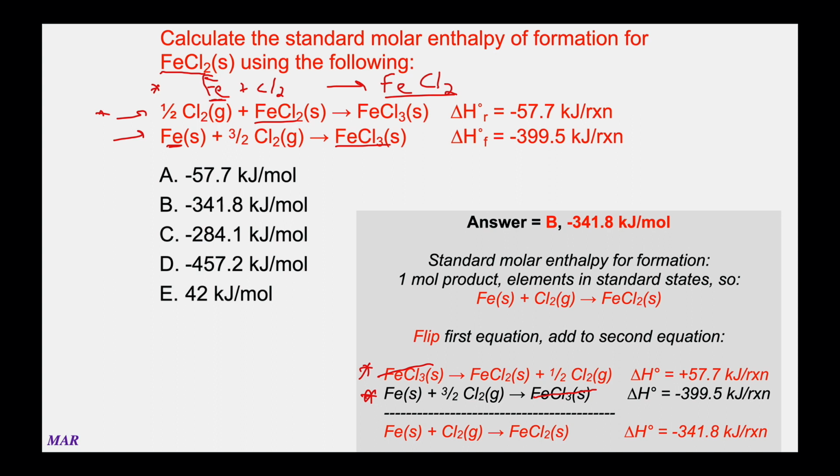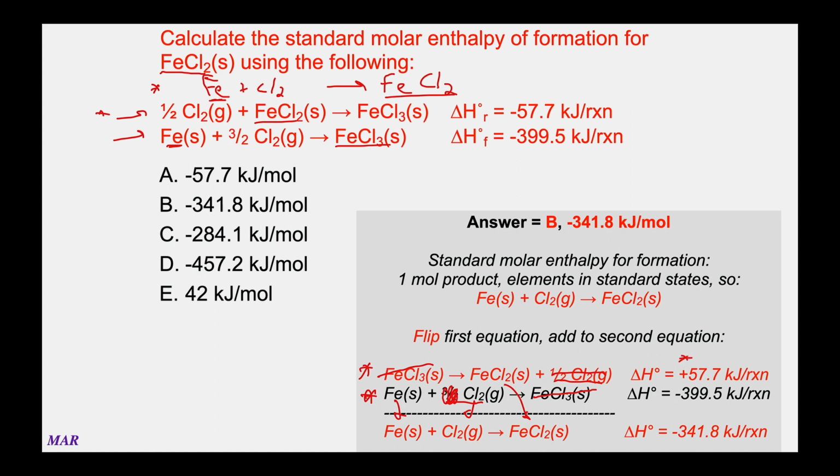And also you have 3/2 Cl2 and 1/2 Cl2. Subtracting 1/2 Cl2 from both sides makes that one go away, and you have just 1 Cl2. So Fe plus Cl2 goes to FeCl2.